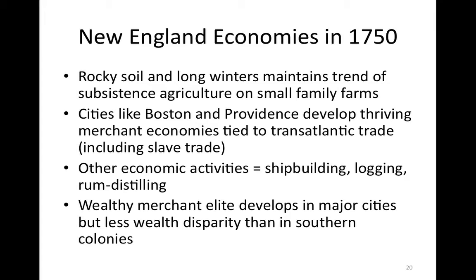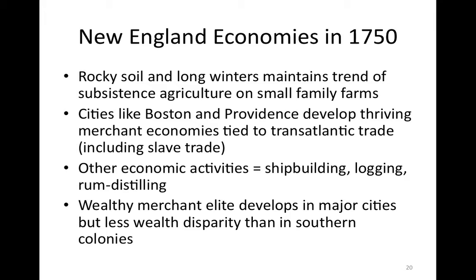Boston and Providence and Salem Town and other cities like that developed thriving commercial economies, where the main activity is the buying and selling of goods and services, the shipping, importing and exporting of goods across the Atlantic Ocean. So that becomes one of the hugely important elements of New England.